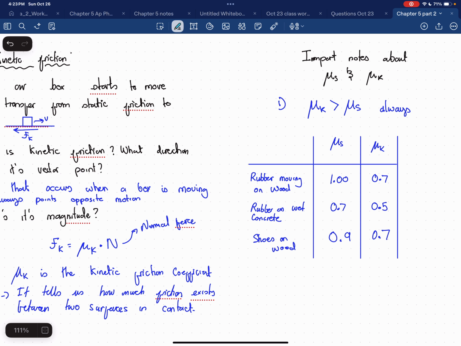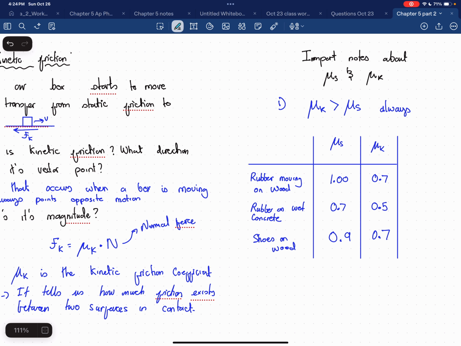These values are verified in the lab. You never have to derive mu sub s. All you have to do is manipulate the equations I've given you. Most likely in the exam they'll just give you mu sub k or mu sub s, and you have to solve a particular problem involving friction.